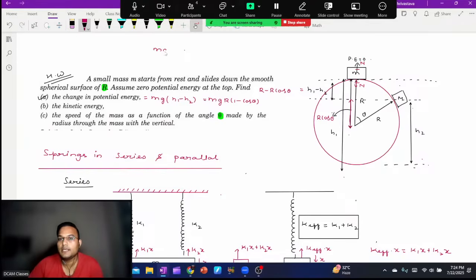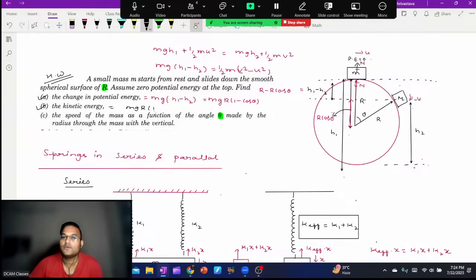So here mgh1 plus its kinetic energy half m u square at this position will be equal to mgh2 plus half m v square, velocity at this position. So mg into h1 minus h2 will be equal to half m into v square minus u square. This is the change in kinetic energy. But mg into h1 minus h2 is mgr into 1 minus cos theta. So change in kinetic energy will be the same, mgr into 1 minus cos theta.